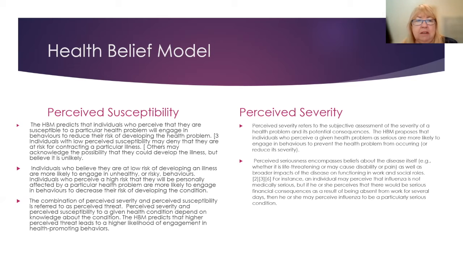Okay. So the health belief model says that people who think or perceive that they're susceptible to a particular health problem are more likely to engage in behaviors to reduce the risk of health concern. Okay, so contracting a particular illness. So if you think you may have a chance of getting that illness, you're more likely to do something about it.